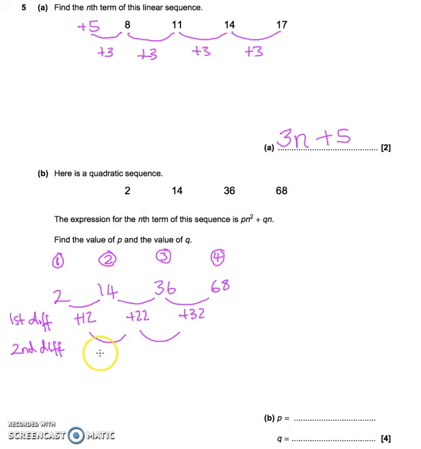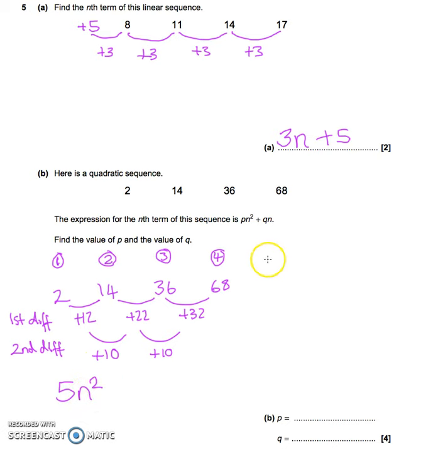The difference between 12 and 22 is 10, and the difference between 22 and 32 is 10. The technique when it comes to a quadratic sequence is to half this number and put it next to an n squared term. Because it's a quadratic sequence, we get n squared. The n still represents the term number.